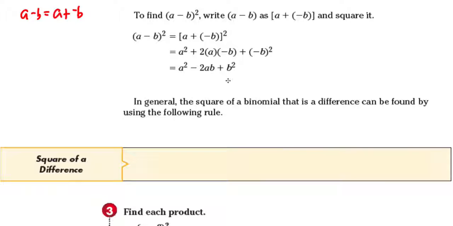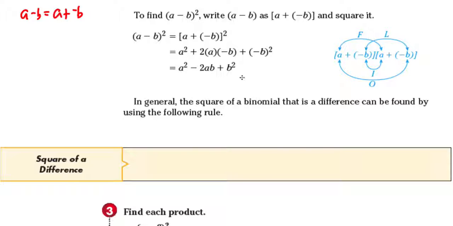Okay, and if you use the FOIL method, that's exactly what we're going to get. First, a times a is a squared, outer, a times negative b will be negative ab, and then inner, this is also negative ab. Okay, and last would be negative b squared.